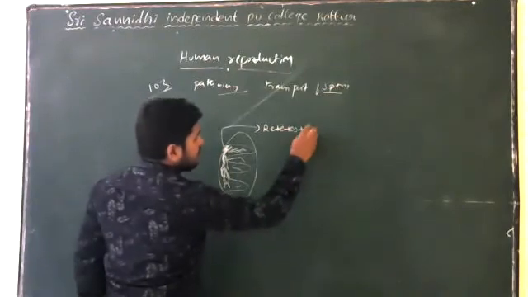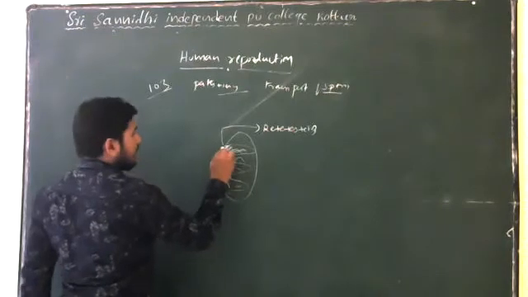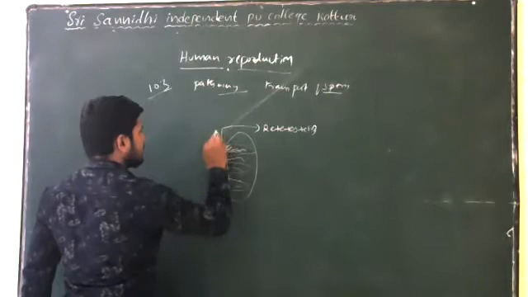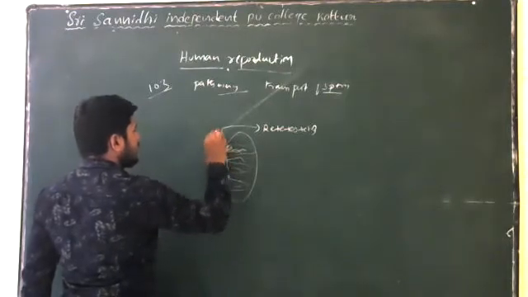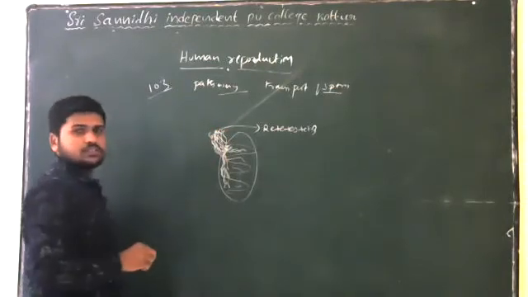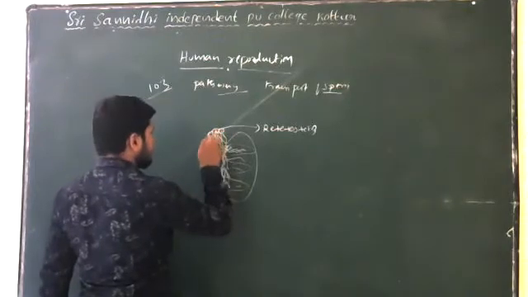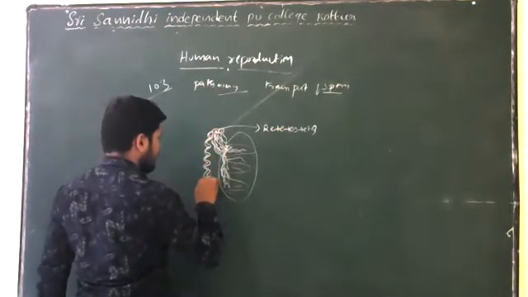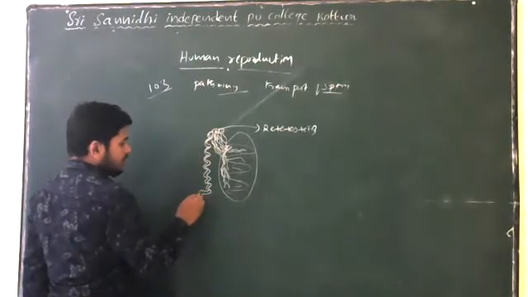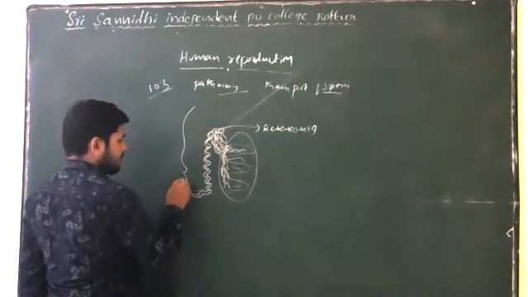The rete testis opens to the epididymis through the vasa efferentia, or efferent ductules. Through the efferent ductules, it opens into the epididymis. The epididymis in turn opens into the vas deferens.